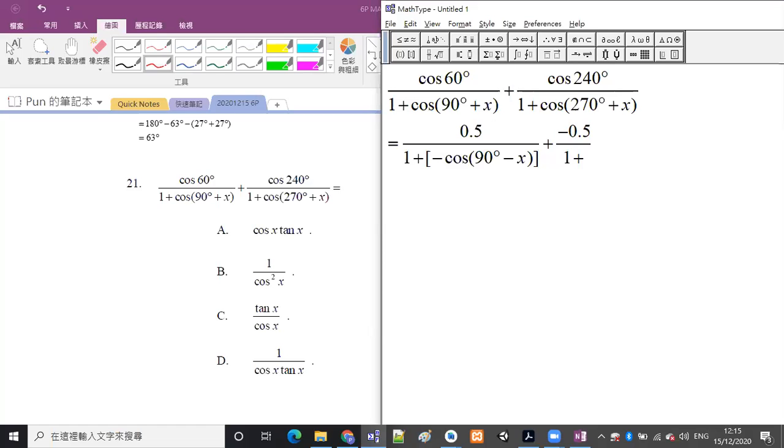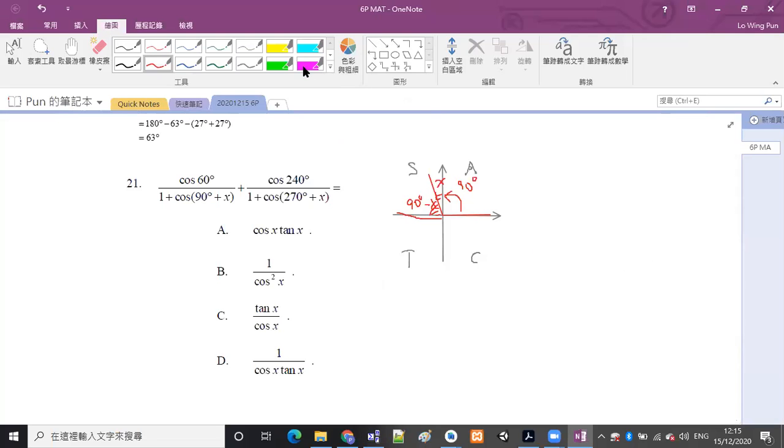Okay, and then 1 plus cosine 270 degrees plus x. Okay, it's 270 degrees.